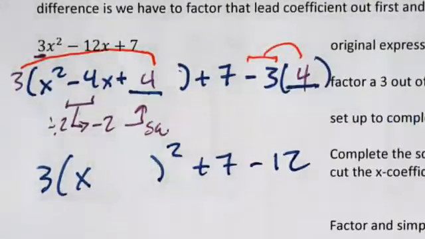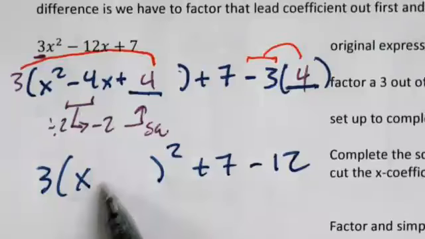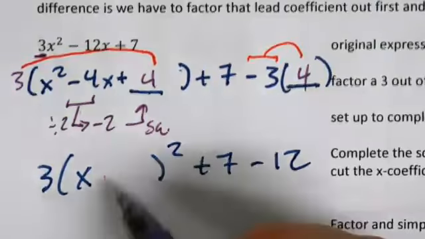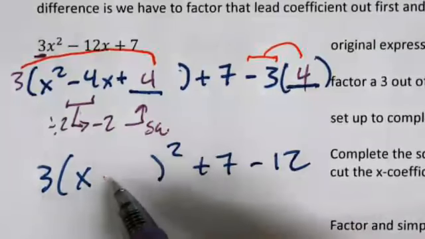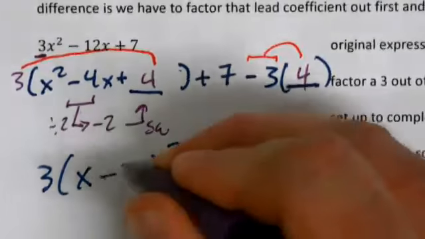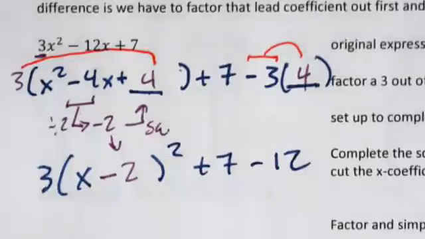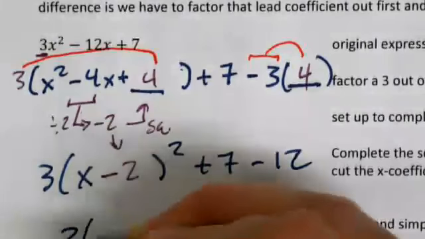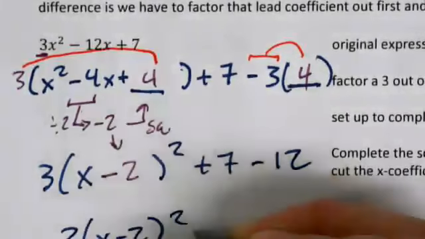And what do we got here? What should be in my parentheses? X plus or minus what? X minus 2, because that's what we had there. Final answer, 3 quantity x minus 2 squared minus 5.